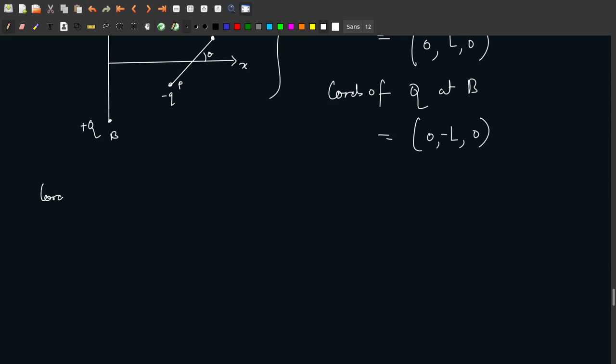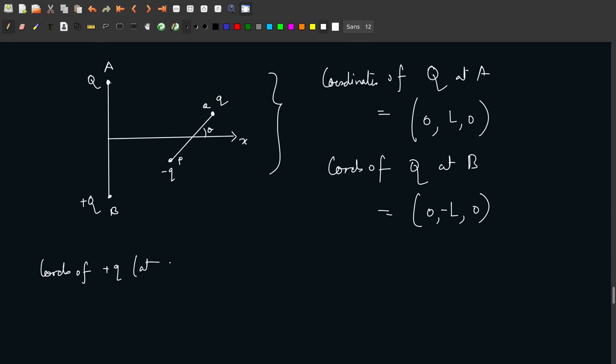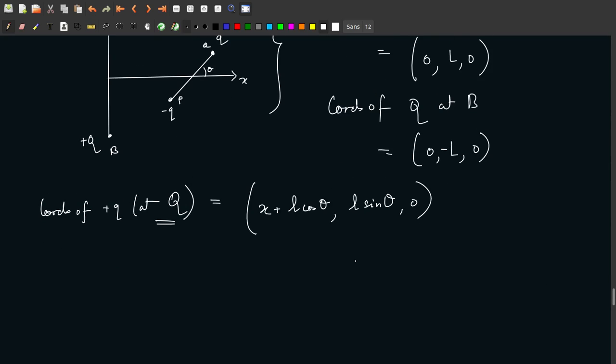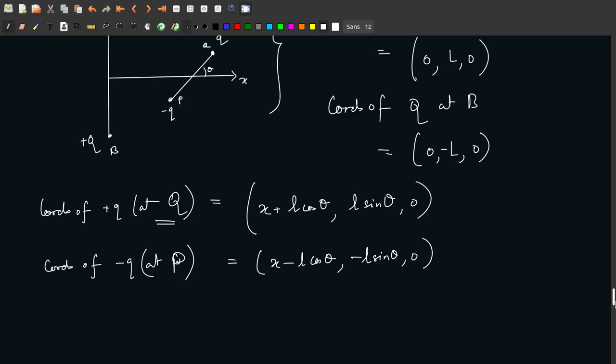Now the coordinates of the charge plus q at the point capital Q is x plus l cos theta, l sin theta, 0. Similarly, the coordinates of minus q at the point capital P is x minus l cos theta, minus l sin theta, 0.